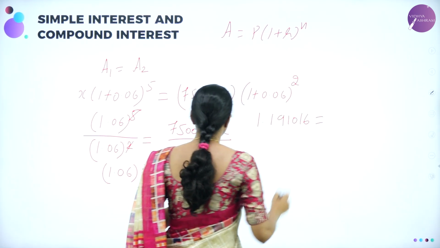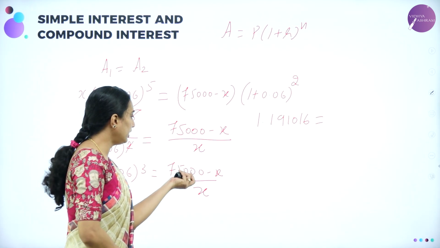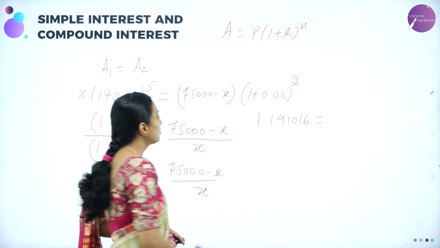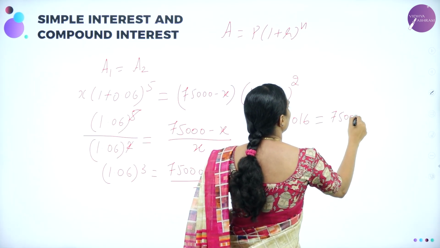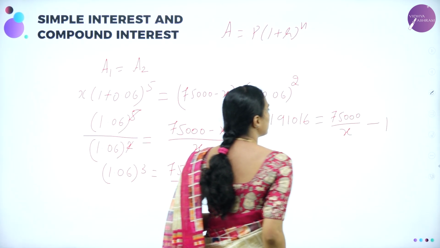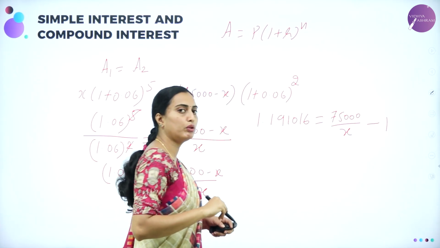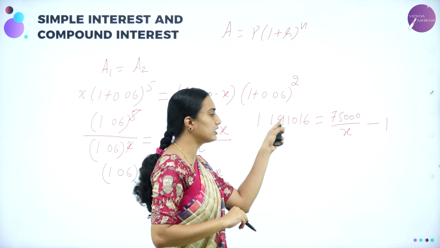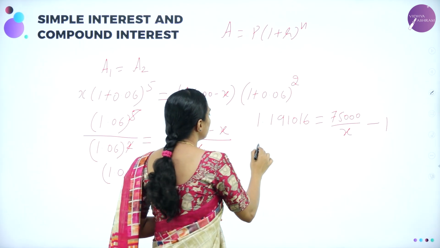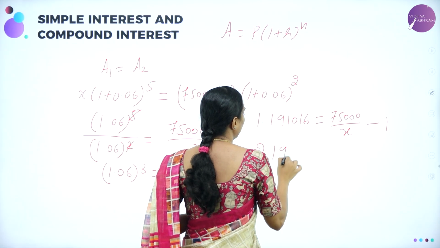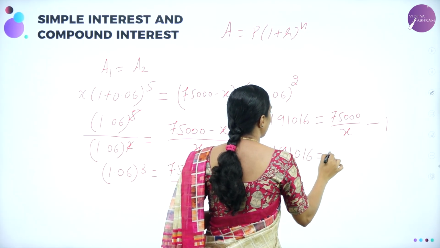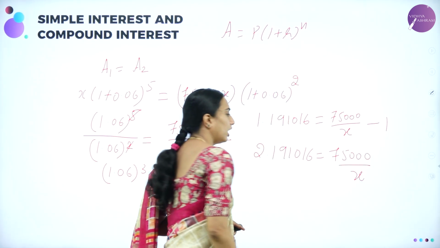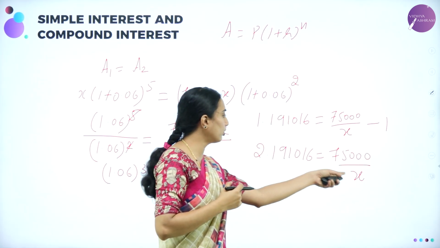If you calculate this, you are going to get 1.191016 is equal to, now you can divide this, 75,000 divided by X minus X by X. What is X by X? 1. So 75,000 divided by X minus 1. If you take minus 1 to this side, it will become plus 1. 1.191016 plus 1 is 2.191016, which is equal to 75,000 divided by X. Now I want X, so let me cross multiply.